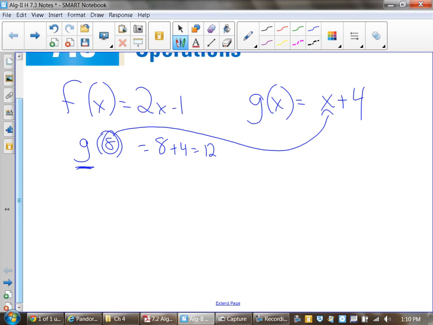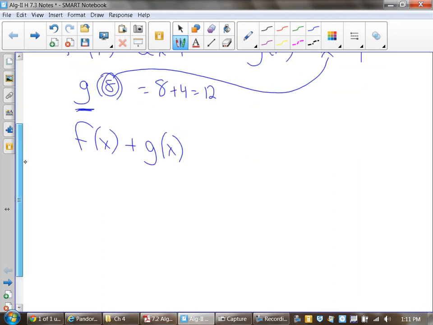Well, what's going to happen today, instead of this direct substitution that you guys have seen, we're going to do combinations of the equations and composites of the equations. In other words, it's going to look like this. What is f of x plus g of x?